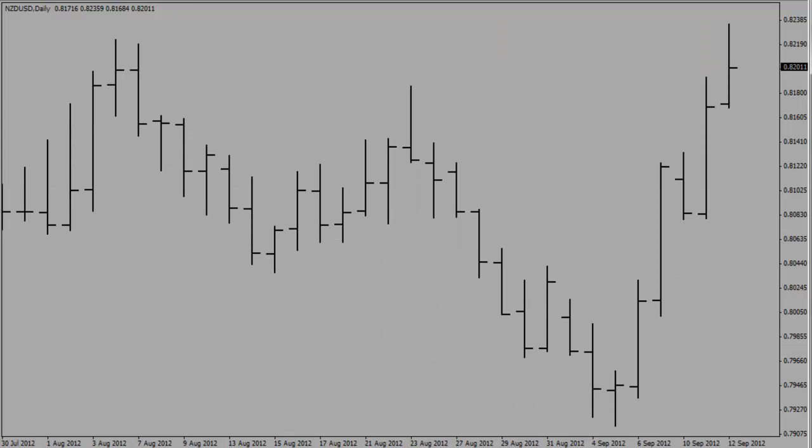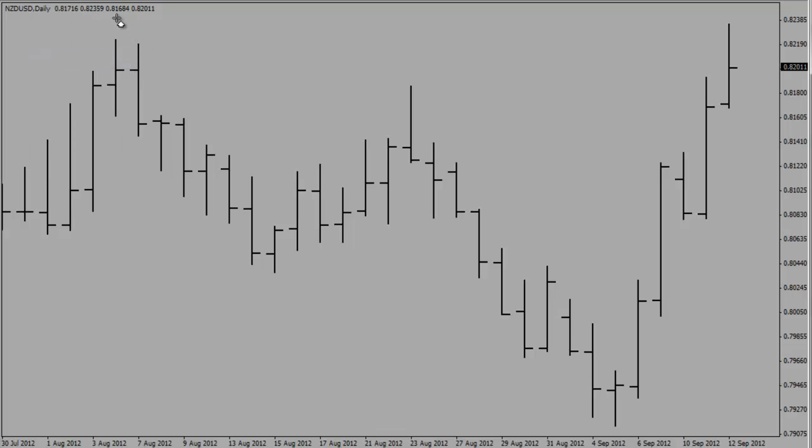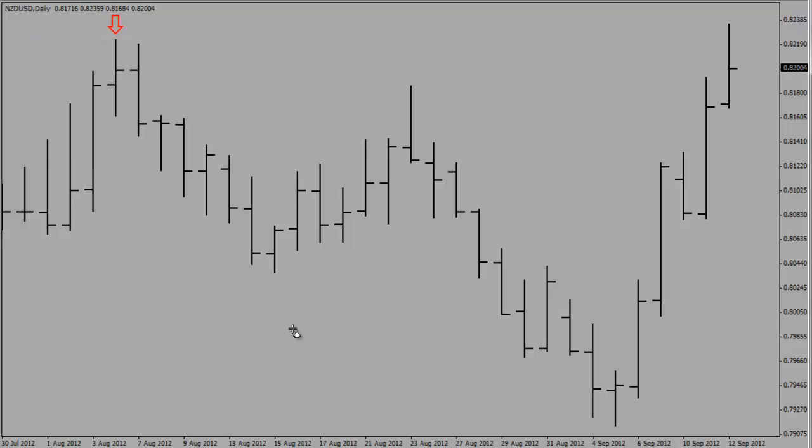And if we look at this chart, we can see that we have ourselves a ringed high, which then triggers into a ringed low.